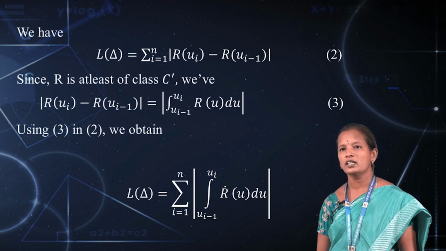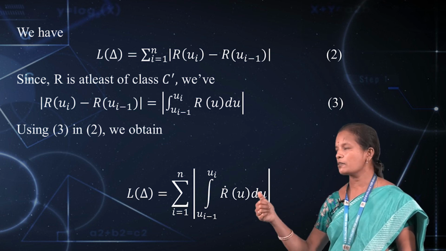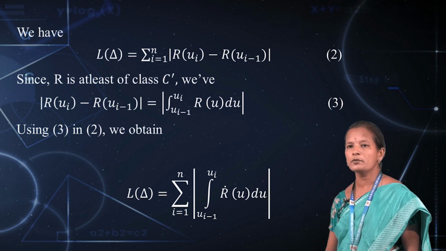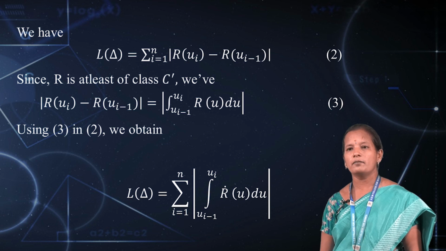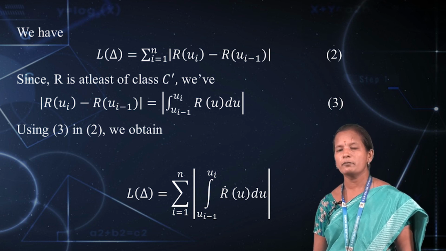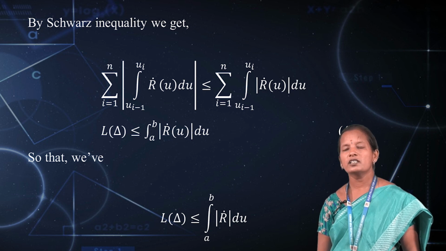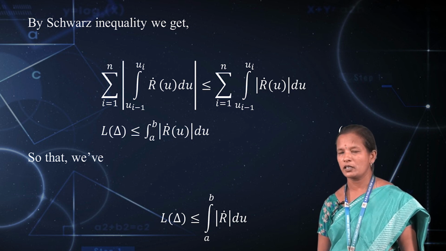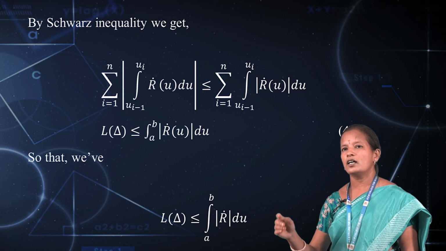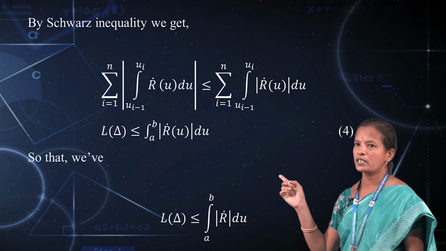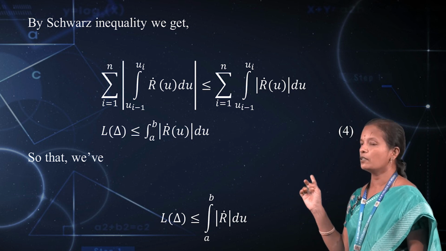Using 3 in 2, we obtain the value L of delta is equal to the summation of modulus of the integral of r dot of u du, with lower limit ui minus 1 and upper limit ui. By the Schwarz inequality, which you know very well, the summation of modulus of integral r dot of u du is less than or equal to the summation of the integral of modulus r dot of u du.